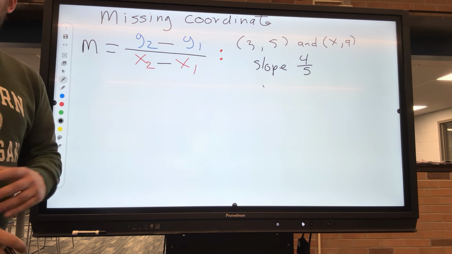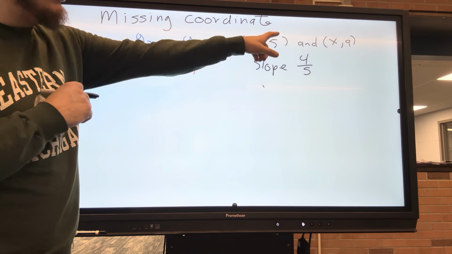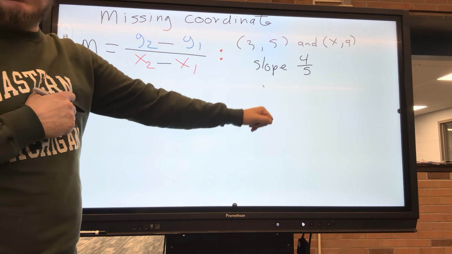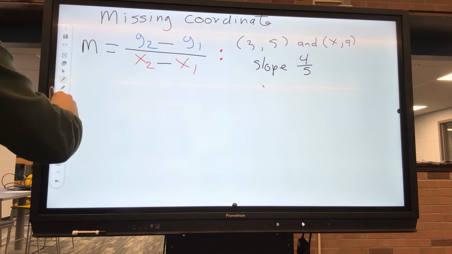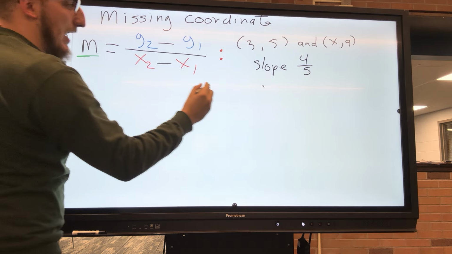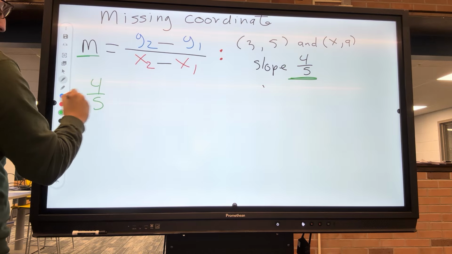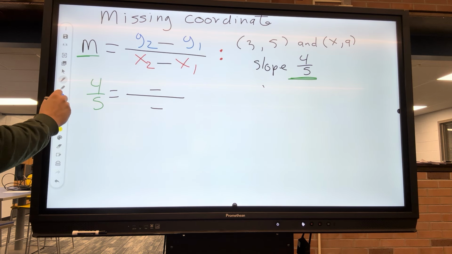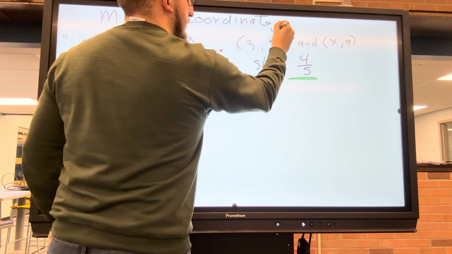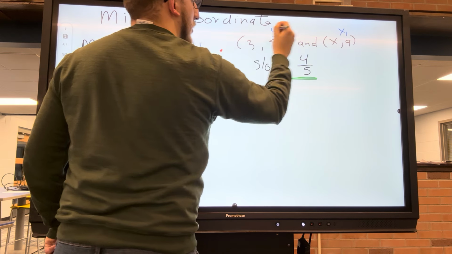Now using that information, we got to plug it back in to try to find that last point, because they don't tell us what that last x is, so we got to figure out what that is. That being said, let's take all this information and plug it in. My slope is my m, right? So my new equation is going to be 4 over 5 equals, I'm going to leave my black bracket, and then I can label my points. This is y2, y1.